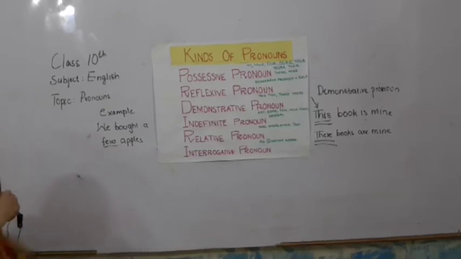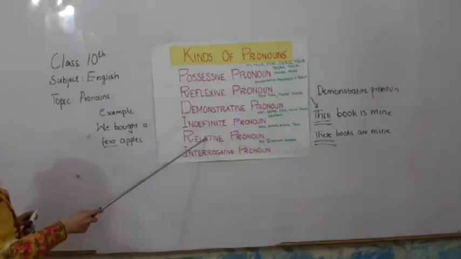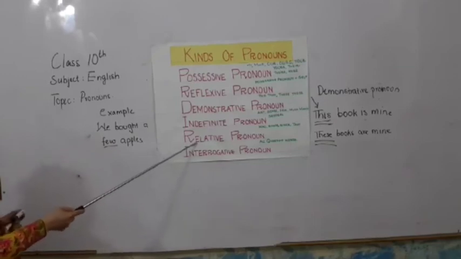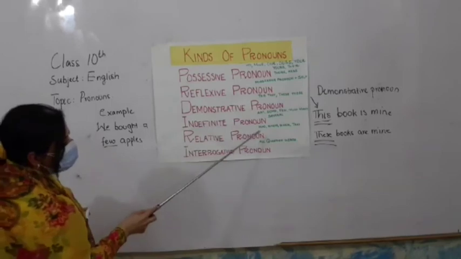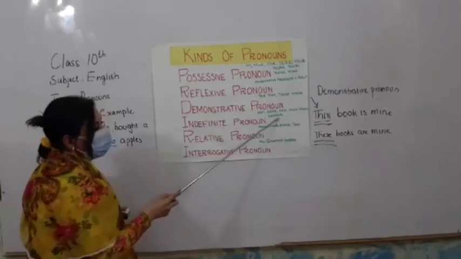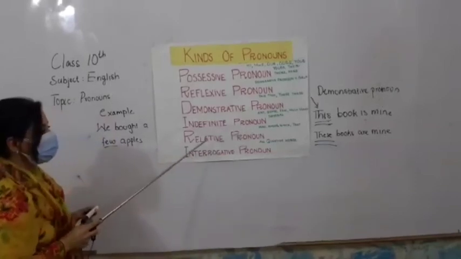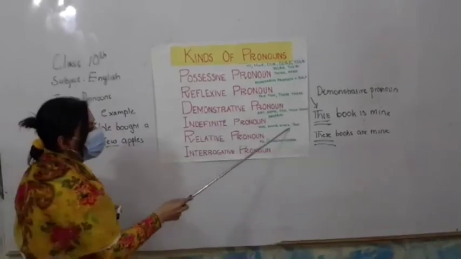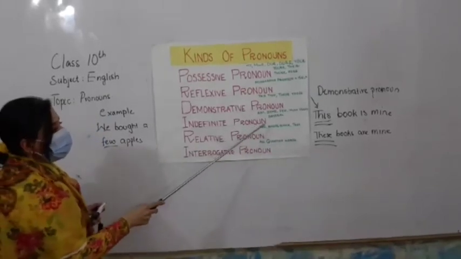Now, the next one, and I think all of them are important, but the most important one is the relative pronoun, the one that has been repeatedly used in the 9th book and the 10th book. Relative pronouns are who, whose, which and that. A relative pronoun is used when we are trying to bring two sentences together with one word.